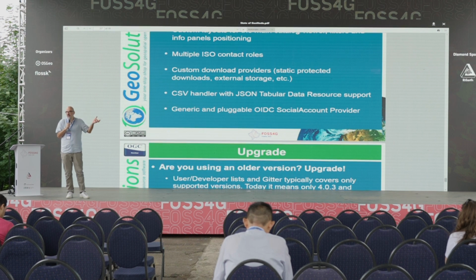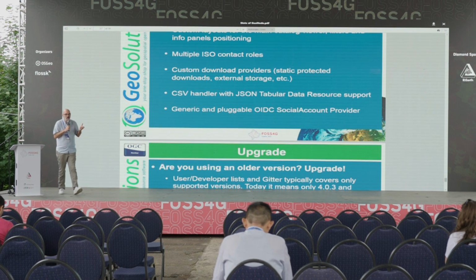This was implemented for a customer that had the dataset stored in an AWS S3 bucket, and we needed to make it private, under the same permission system as GeoNode. So in that case, we use pre-signed URLs from AWS, volatile URLs that last a few minutes. We designed a component to do that, and took the opportunity to make it a pluggable module. So now you can plug in your own module and define your own logic for the downloads.